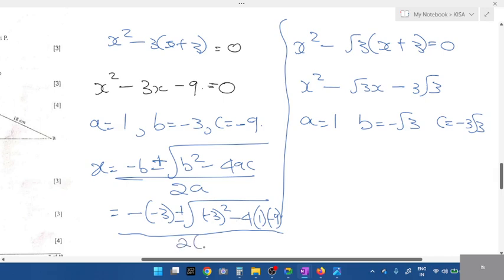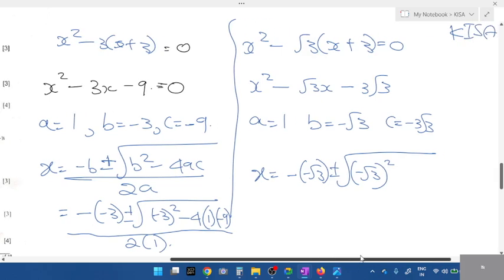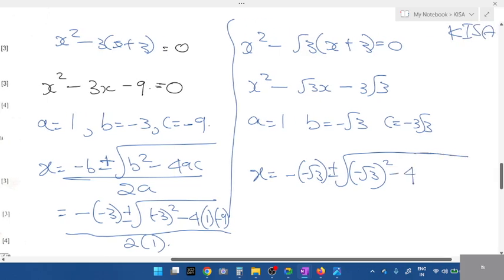Divided by 2 into 1. Here, what will you get, students? Minus of minus root 3 plus minus square root of minus 4 into what is the AC value? 1 into 3 root 3. Is this clear?